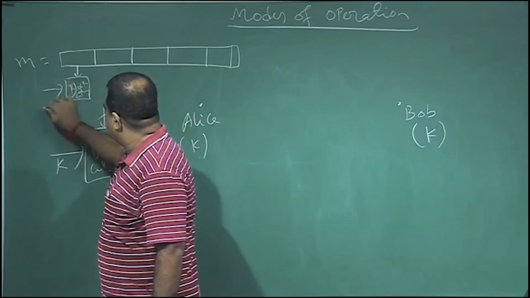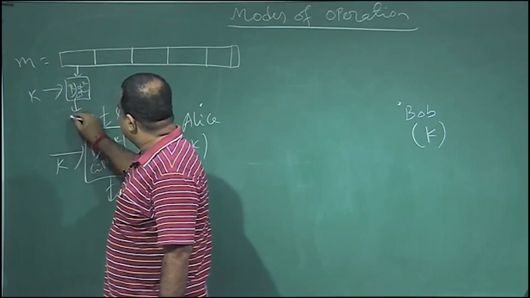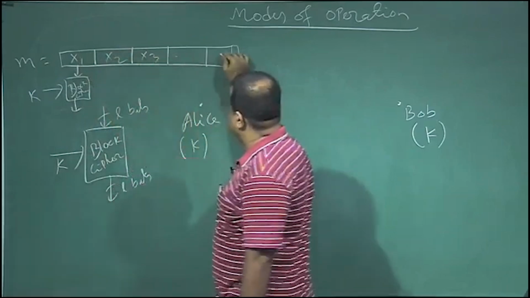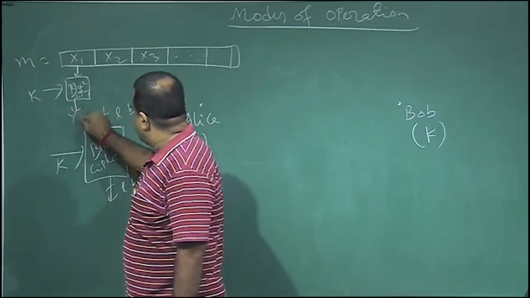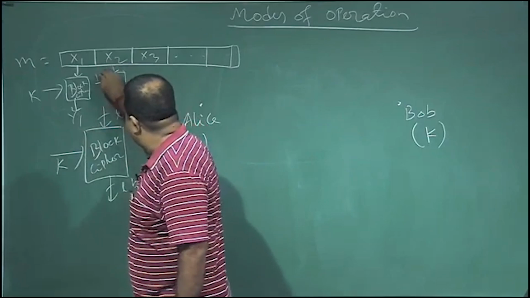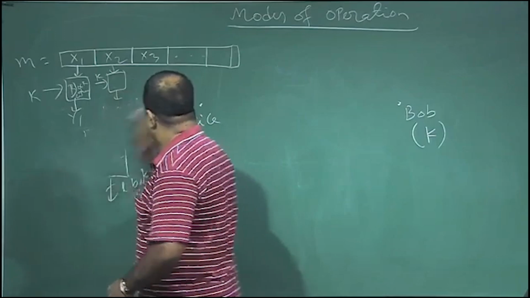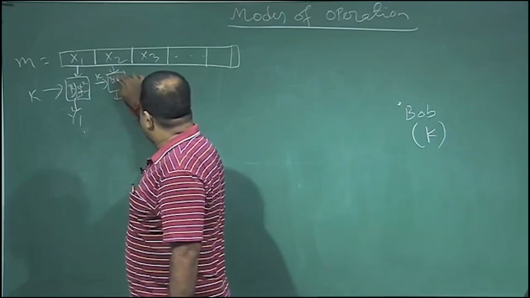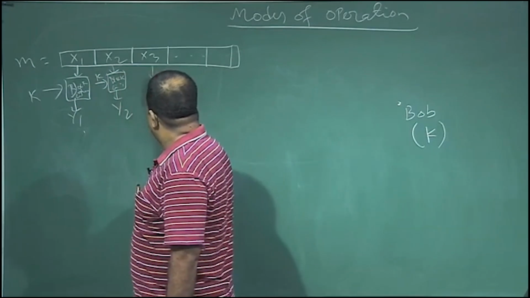We use the block cipher with the key K on this. So, this is say x1, x2, x3 and so on. So, this is y1. So, on this also using the same key K, this is the same block cipher, and this is y2.